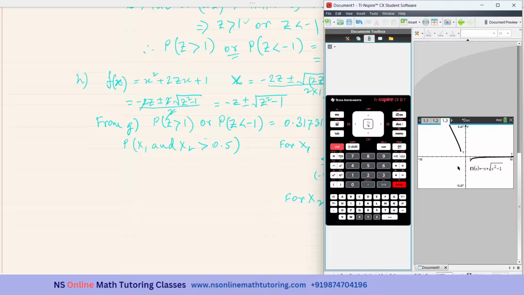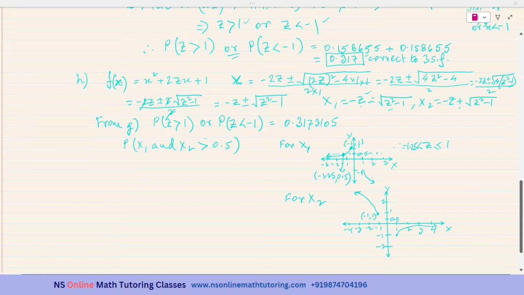So we have to draw this also. Now this is the curve for x2. Again, I could not take z. I have graphed this, so it is this. And again, you are seeing I have to take this branch, and this is the point having coordinates negative 1 comma positive 1. So every point on this graph will be having the y value more than 0.5, and I cannot take this branch at all.